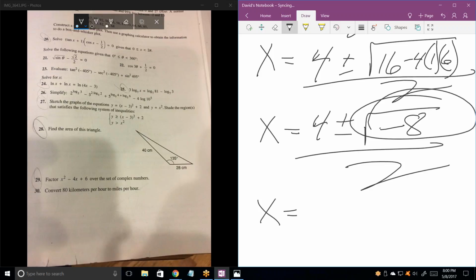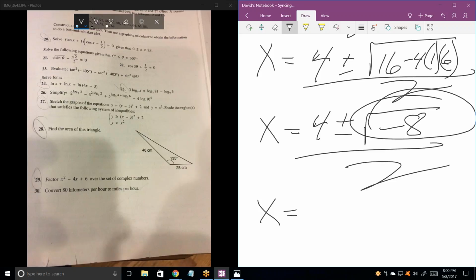The square root of negative 8 would be 2 root 2. No. Yeah, 2 root 2. That's the square root of 8. So the fact that it's a negative sign in there means what? 2 root 2 i. That would be 2 root 2 i.